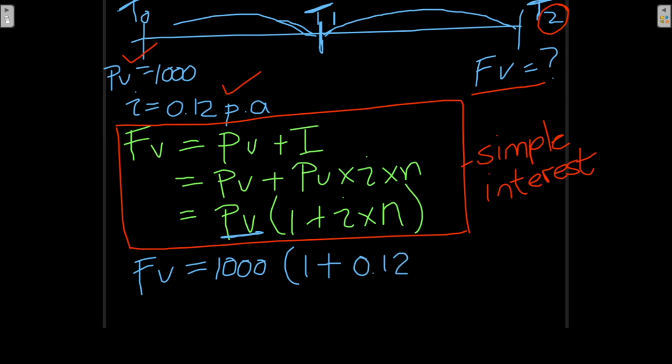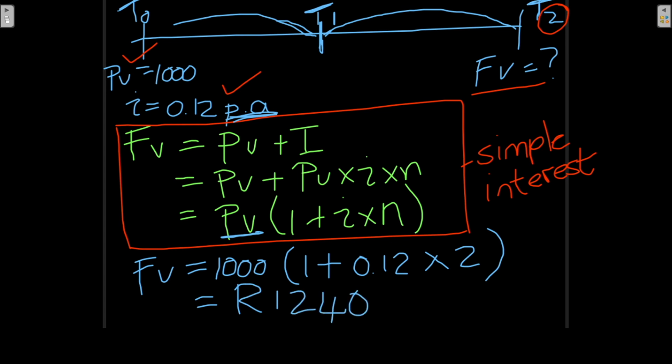And it's important here that my interest rate is given per annum, and the number of interest periods are also in years. So the units must be the same. Both of them are in terms of years. So I multiply that by 2 for the 2 years, and then I get an answer of 1,240.